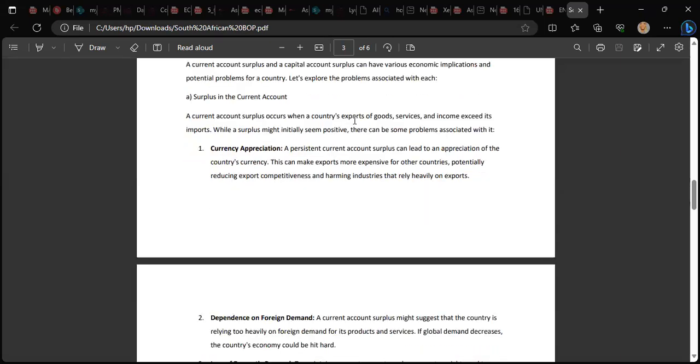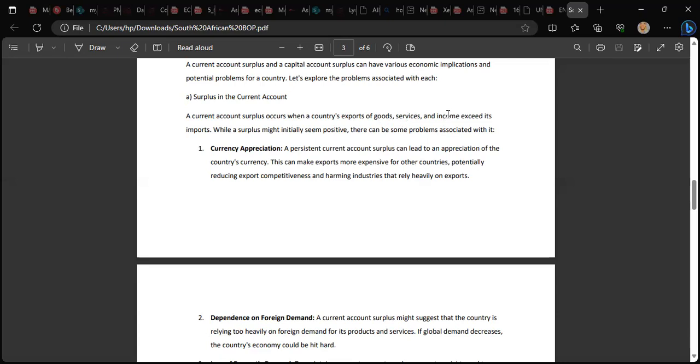A surplus is going to occur when the exports of goods, services and incomes exceed the imports, right? Remember again, in these categories, when you are dealing with exports of goods, services, etc., there could be imports of goods, and you can also import services.